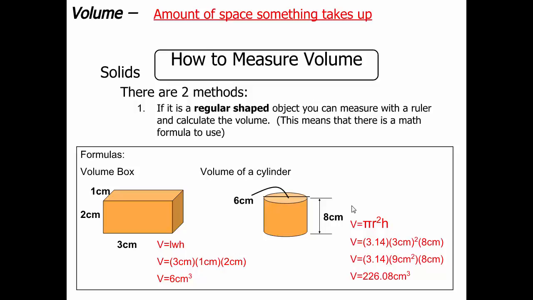If we do the math, I got 220. So we have to square our number first, our radius. So 3 centimeters squared is 9 square centimeters. Times 8 centimeters, times pi. 226, we could round to 0.1 cubic centimeters.